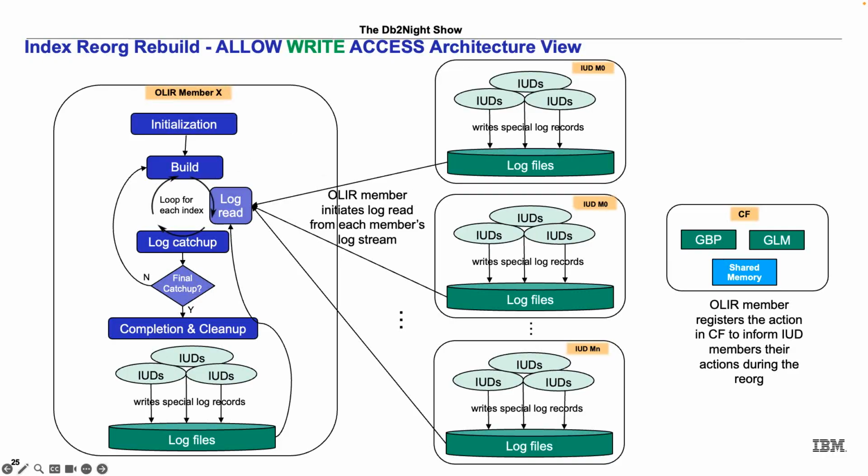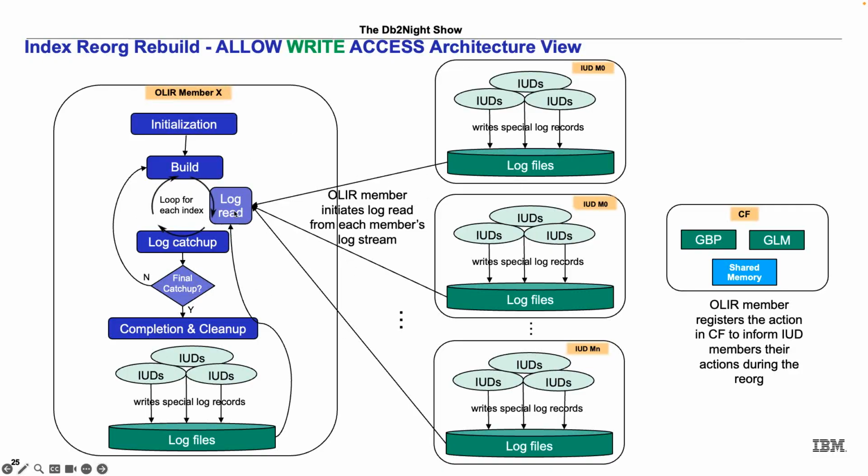Okay. Then comes the log catch-up phase, which is central to allowing concurrent writers. As new transactions continue to happen, all the members write special log records, and the owner member will initiate log reads from all the log streams.